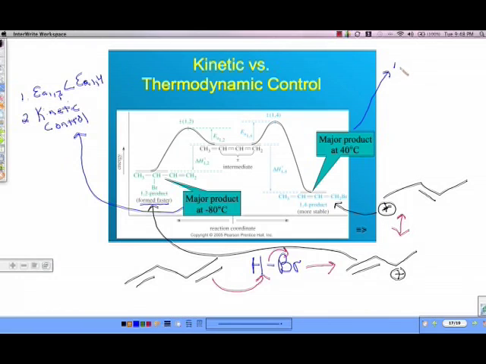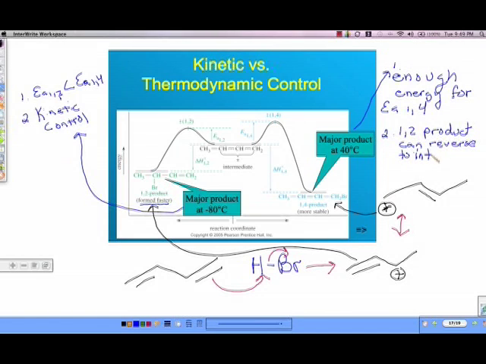The first thing we know is that we have enough energy for EA 1,4. The second thing is the 1,2 product can reverse to the intermediate. And third is the 1,4 cannot reverse.